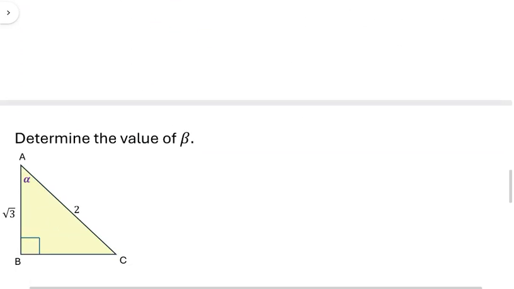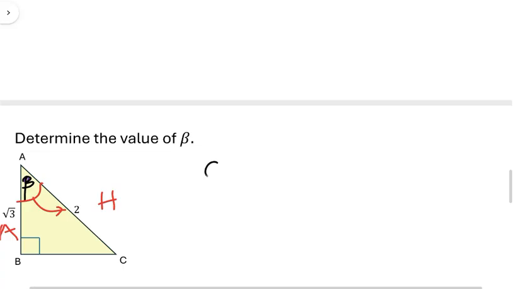Okay, so let's move. Here they are looking for beta, so this angle is beta. I'm going again to work from the angle and say, okay, I have the hypotenuse, I have the adjacent here, so this is related to cos.